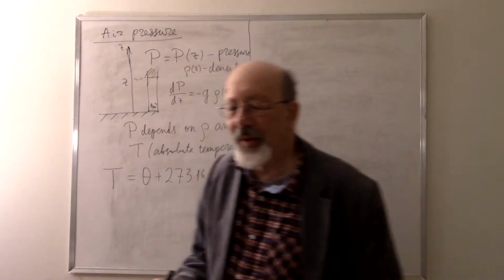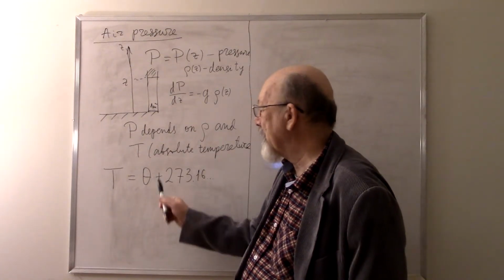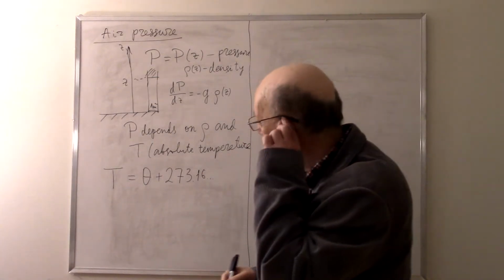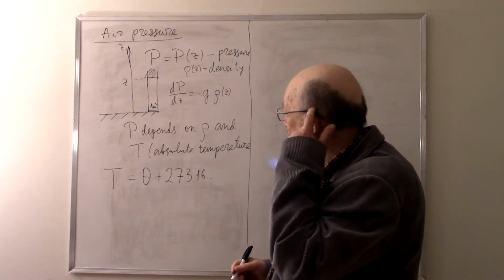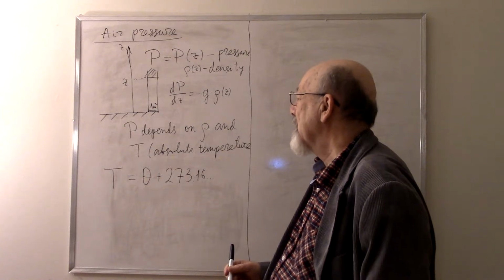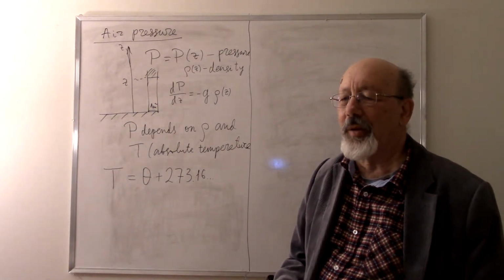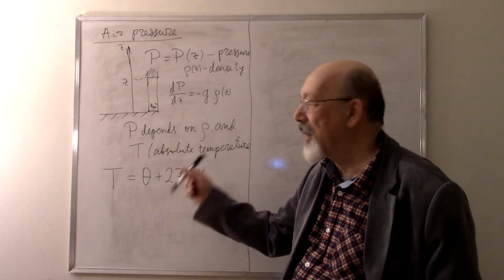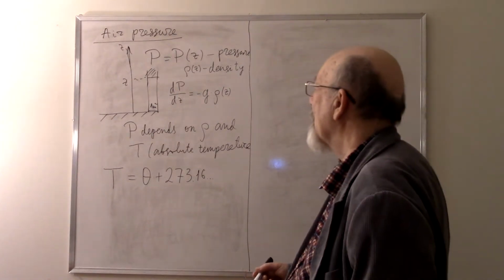So this is the temperature, if you take minus, is the temperature of absolute zero. So let us measure the temperature as absolute. It is measured not in degrees of, say, Celsius or Fahrenheit, but in kelvins. Kelvin is approximately like a degree of Celsius.